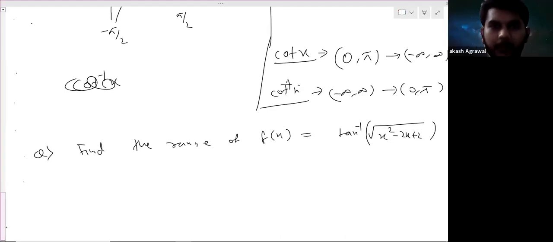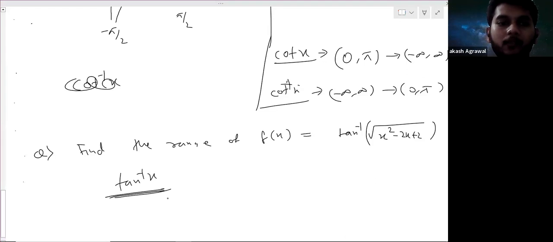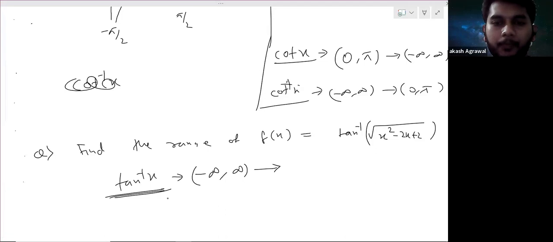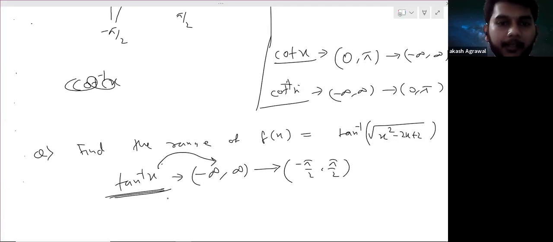In an inverse function, can you tell me the domain and range of tan inverse x? Domain is real, minus infinity to infinity. Range is minus pi by 2 to pi by 2. If x is from minus infinity to infinity, the value will be from minus pi by 2 to pi by 2.